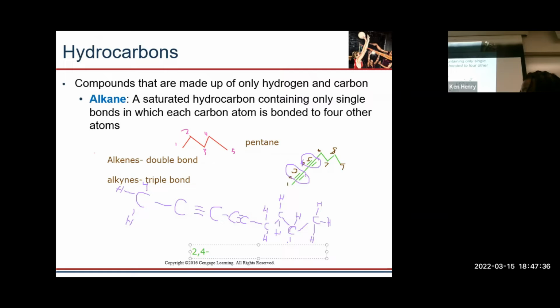Okay, and it's nona. Anything else? How do I signify that there's 2, right? I need to let them know that I have 2, not only where they're located, but I need to say I have 2 of these. Di, that's right, di. And since it's triple bond, ine. Right? So it's 2, 4, nona, diine.